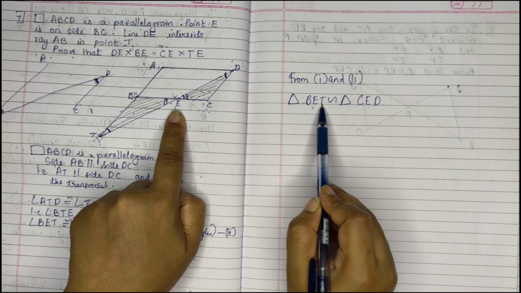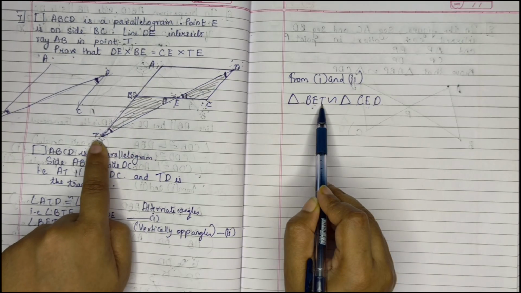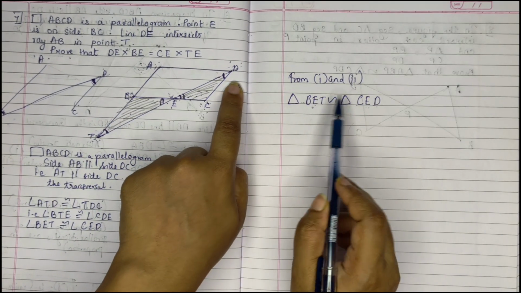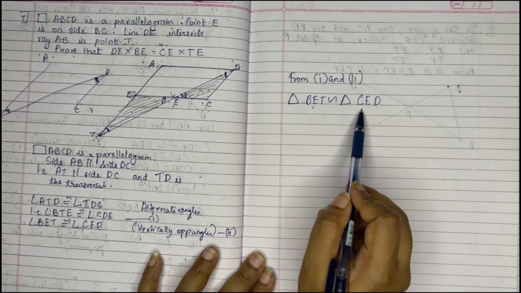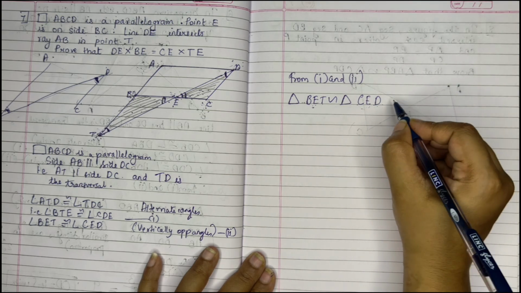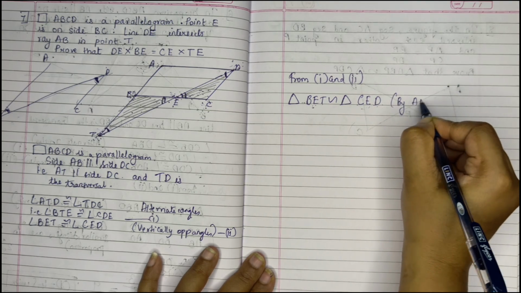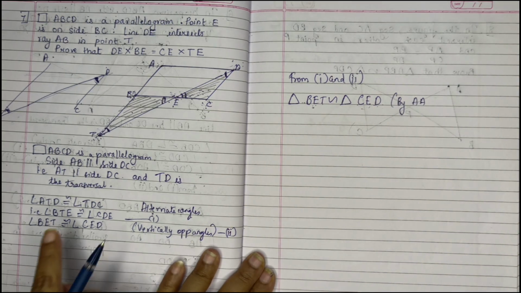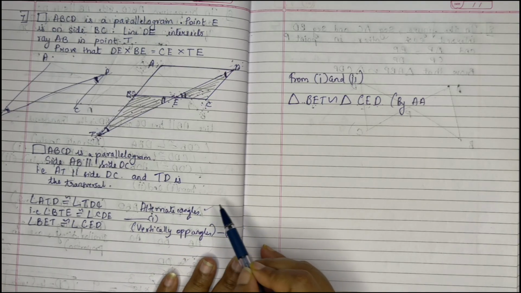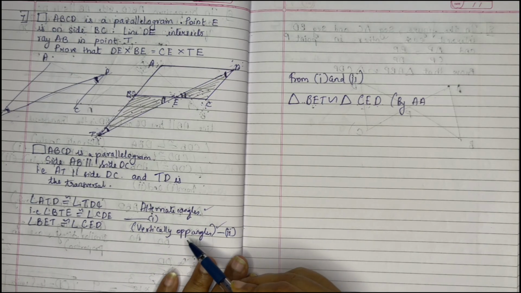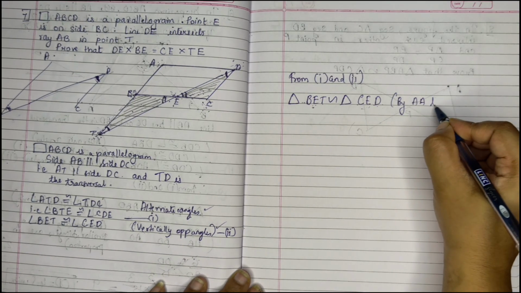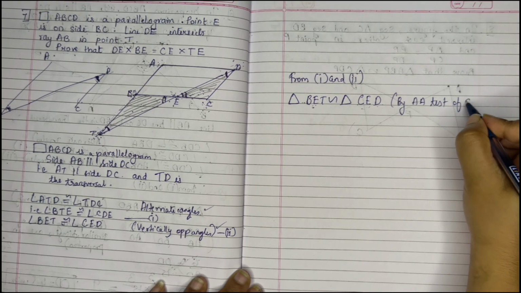The next angle which is congruent is T, and over here D is congruent. So take it in order. The two triangles are similar by AA test. We've got two angles congruent, one by alternate angle and one by vertically opposite angle. So by AA test of similarity.